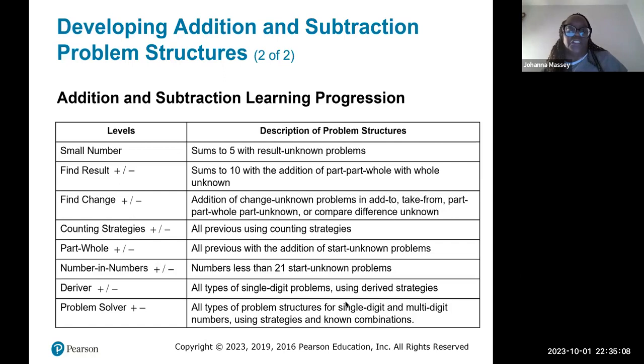Then you find results plus and negative, minus, addition, subtraction, sums to 10 with the addition of part-whole with whole unknown. Then find change problems, addition of change unknown problems, and add to, take from, part-whole. So you see how the progression is. You don't start real difficult. Start off with those smaller numbers, and then you see the gradual progression. I don't want to read all that to y'all.